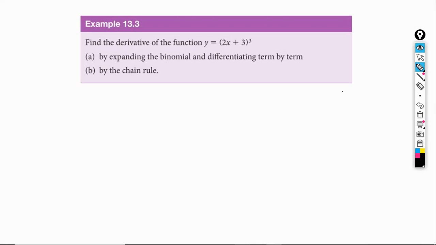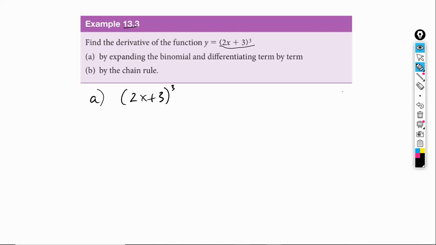Okay, so the next example is 13.3, where they say find the derivative of the function y equals (2x plus 3) cubed, A, by expanding the binomial and differentiating term by term, and B, by the chain rule. Okay, so let's do part A first. So first of all, they ask us to expand this expression. So it's (2x plus 3) cubed.